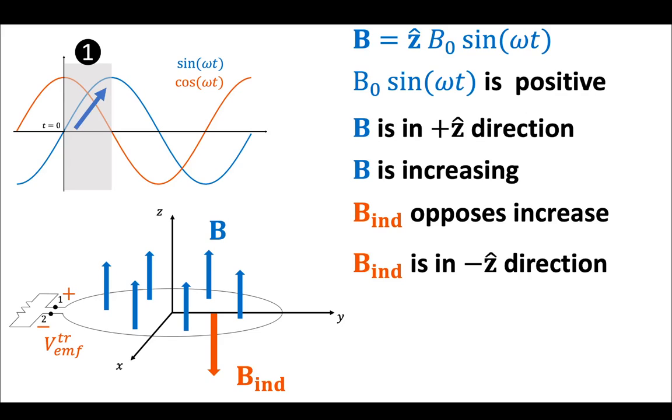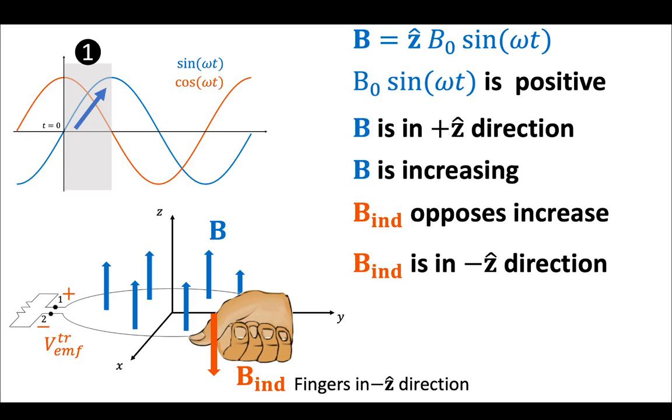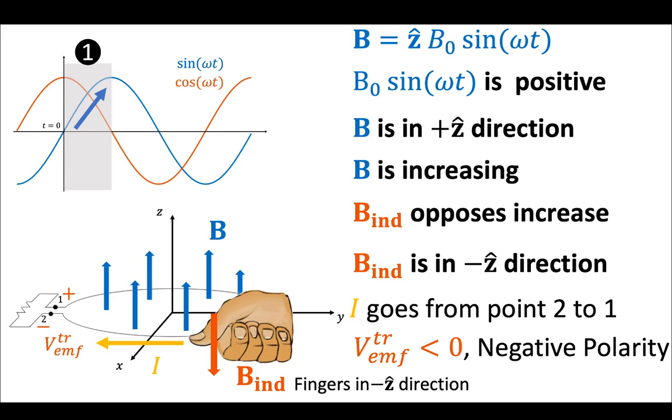That means that the B induced is in the minus z direction, opposing the increase in B. So if it's in the minus z direction, we can use our right hand, point our fingers in that minus z direction, and we can see that the thumb is going to be pointing along with the current from point 2 to point 1. So the current is going from point 2 to point 1, from minus to positive. So that means that the transformer voltage is going to have a negative polarity in this region.